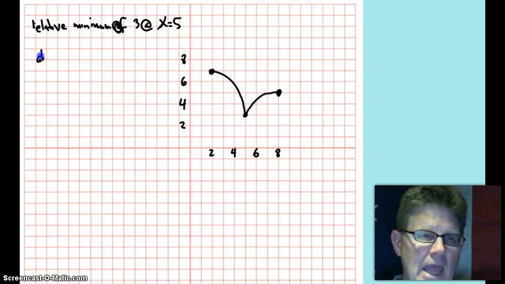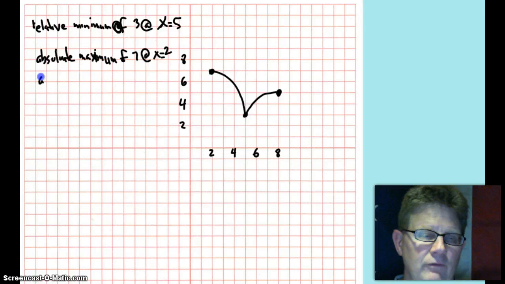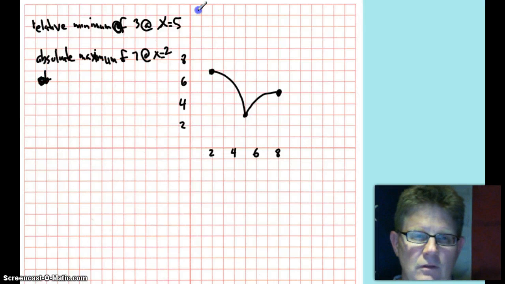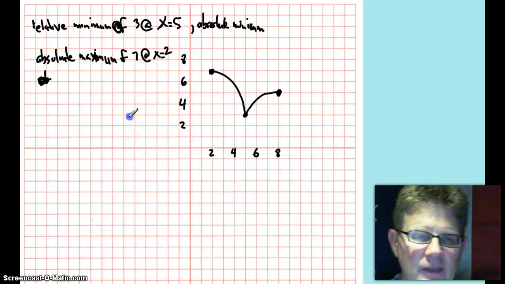We have an absolute maximum of 7 at x equals 2, and we have this relative maximum is also the absolute minimum.